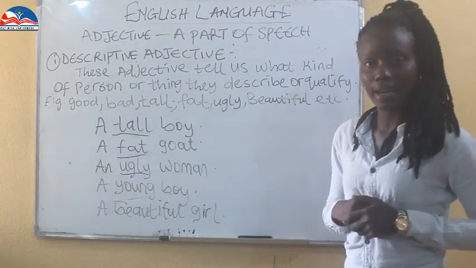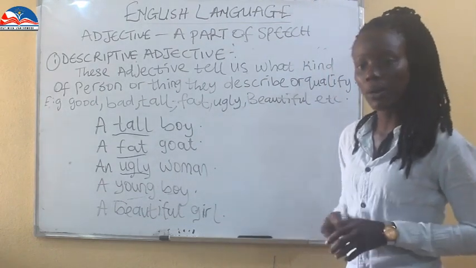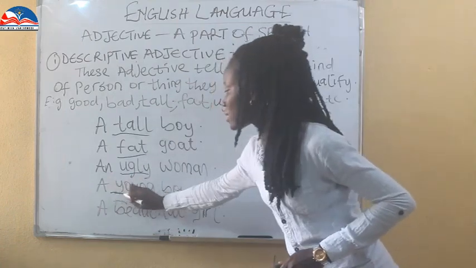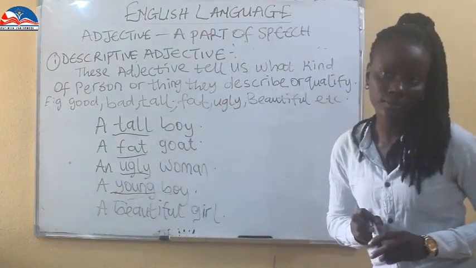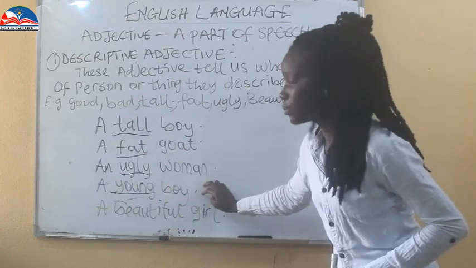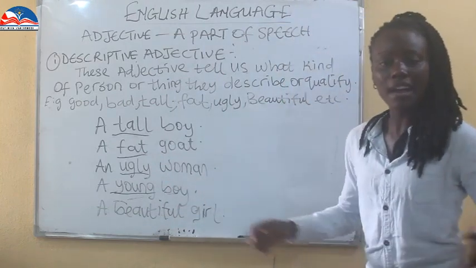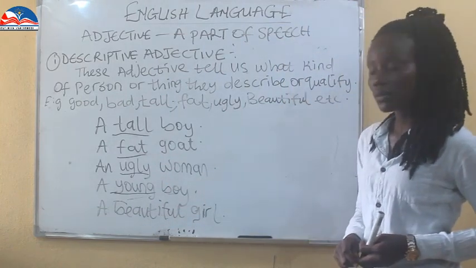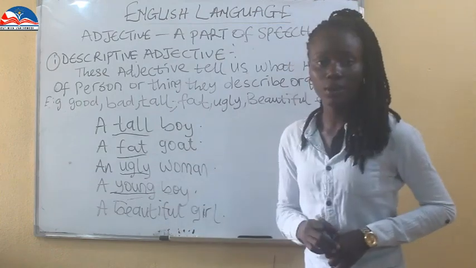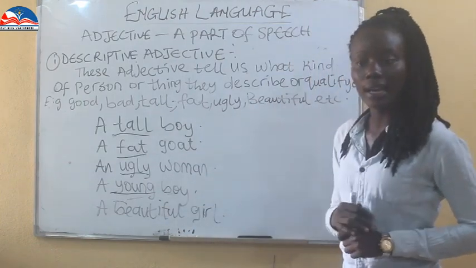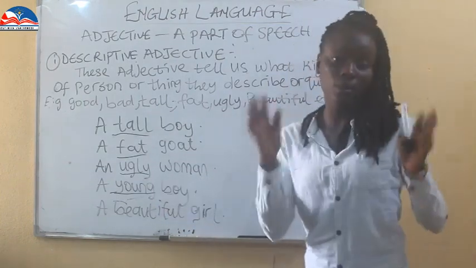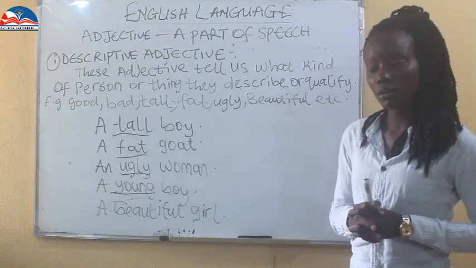A young boy. Young is a descriptive adjective. It's describing the boy you're talking about. Maybe you're asking a question: who is that boy you're talking about? A young boy. It's describing the boy you're talking about.